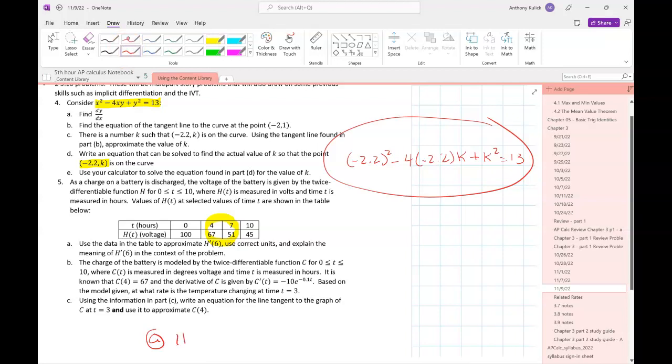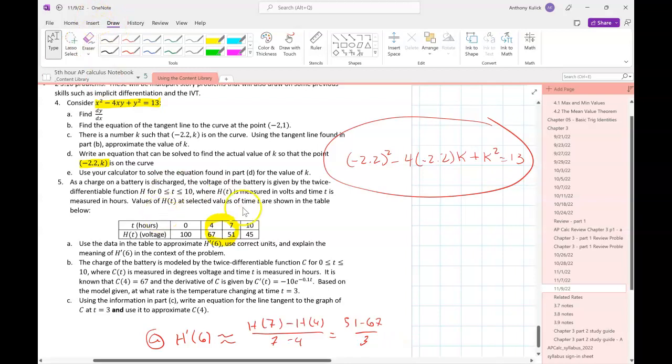It's the best we can do. So that would be 51 minus 67 over 3, and then whatever that is. Is that okay with everybody?